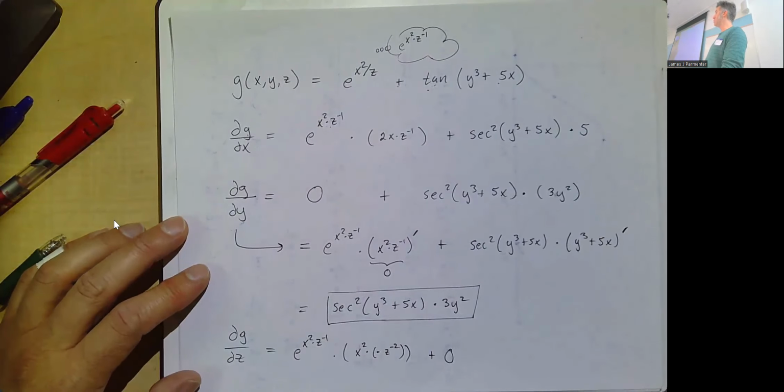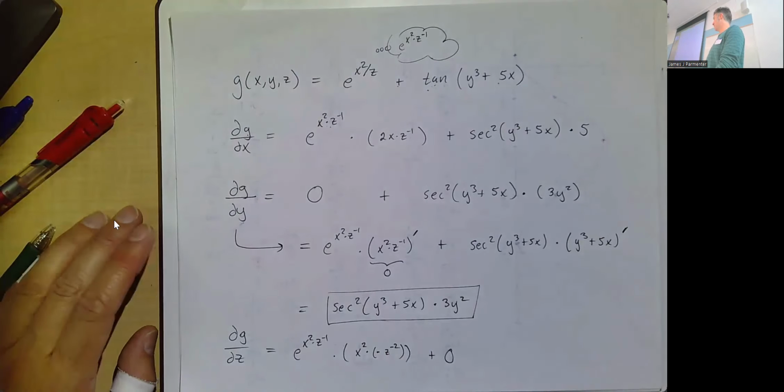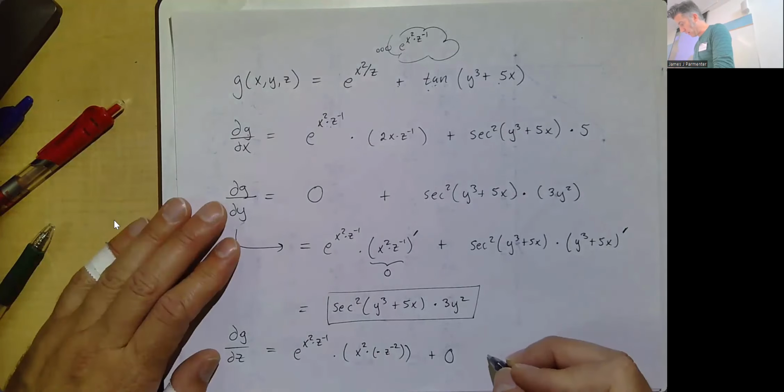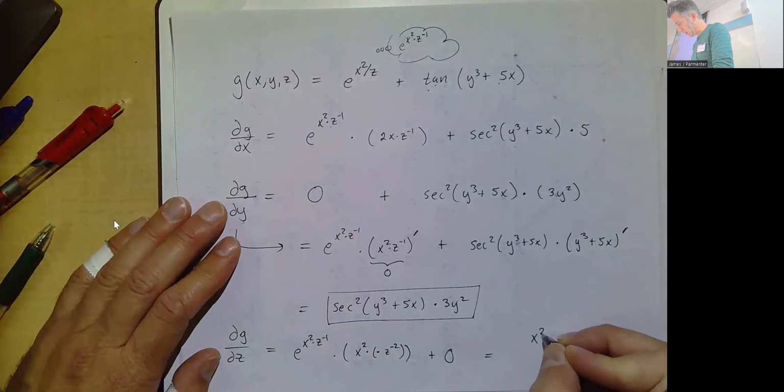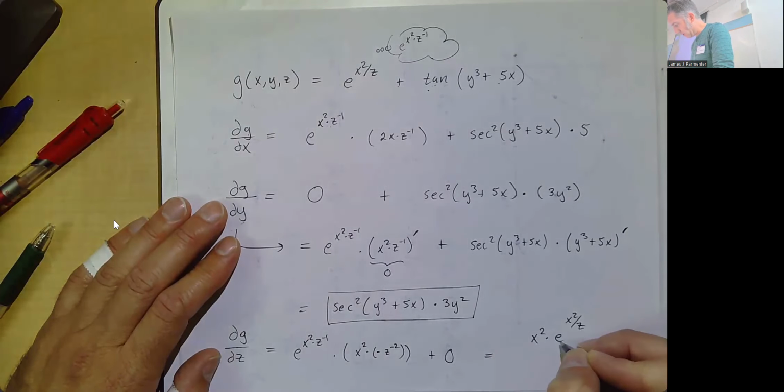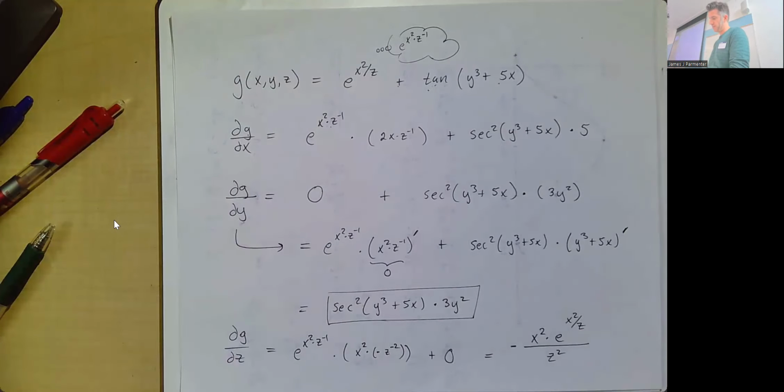And then if for some reason you wanted to write your final answer here where you didn't have any negative powers, which is sometimes a requirement that people put on you so that you have to do more simplifying, you could totally write this as x squared times e to the x squared over z, all over z squared, and put that negative sign out in front. That would be how you would write that without any negative powers.